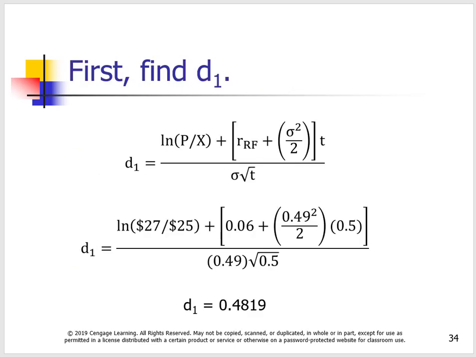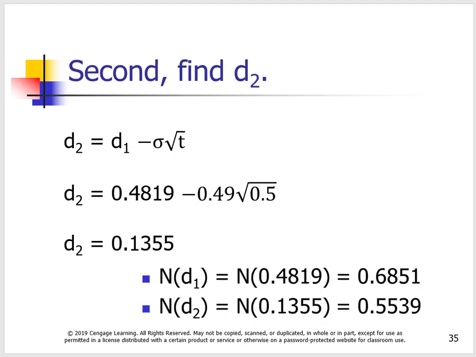If we calculate D1, again, I'm not going to go through all the formula here, that would take forever, but D1 equals 0.4819. Please check my math. Actually, I didn't do this math. The textbook did it, so I'm assuming it's correct. Once you have D1, we can calculate D2, which is 0.1355.